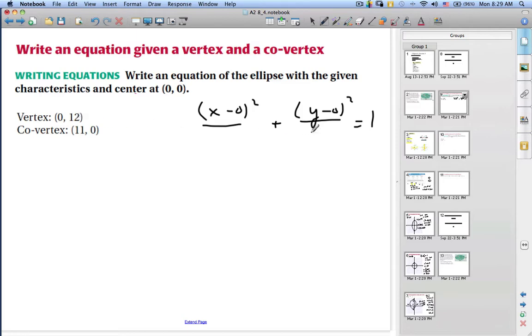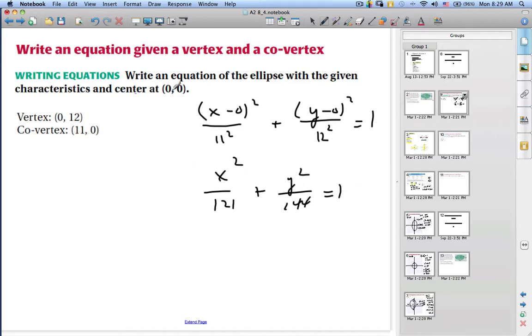Okay, so that means that this was related to y, 12 squared. And the covertex moved left and right, moved right 11, so that would be 11 squared under the x direction. So this is x squared over 121 plus y squared over 144 equals 1.